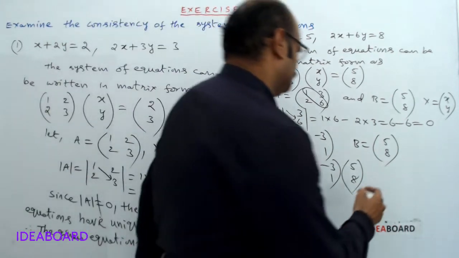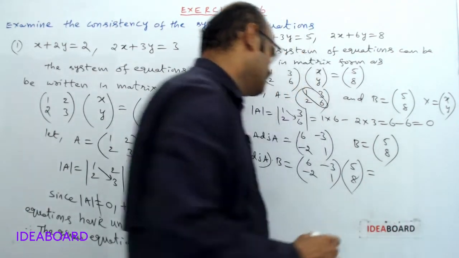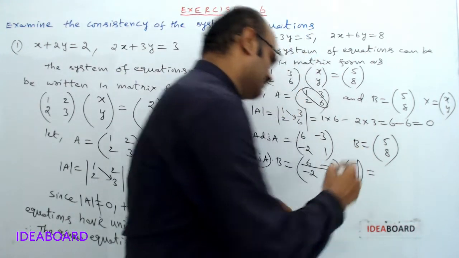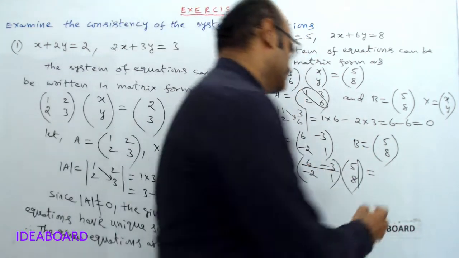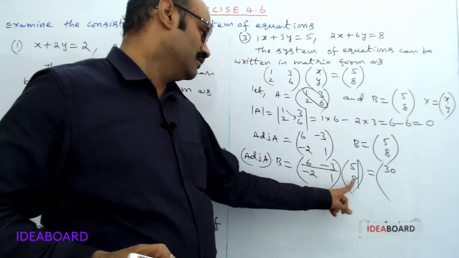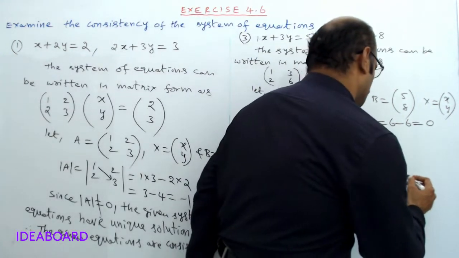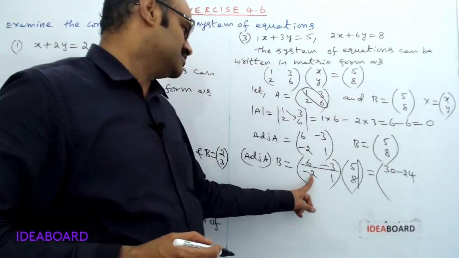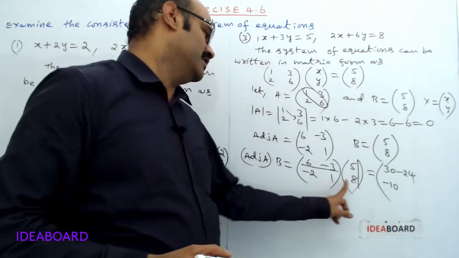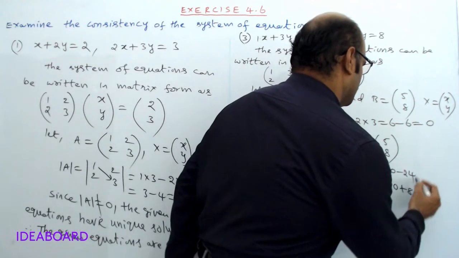First row into first column: 6 into 5 is 30, minus 24. Minus 2 into 5 is minus 10, 1 into 8 is plus 8.